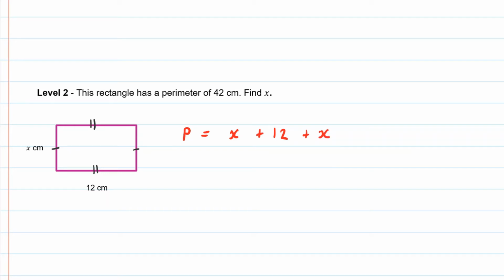And we've got the 12 on top as well. Now, what's good about this is that we don't know what x is yet, but we do know what the perimeter is. The question said the perimeter needs to be equal to 42 centimeters. So what you've got here is a little equation which you can solve. Okay, we can do x plus x is going to be 2x. 12 plus 12 is going to be 24.